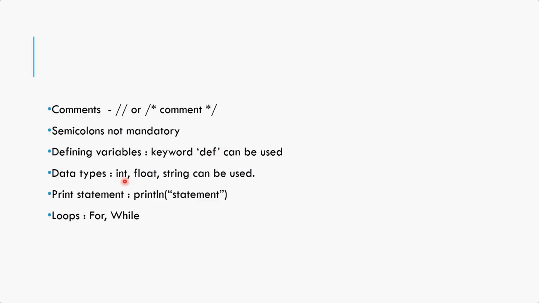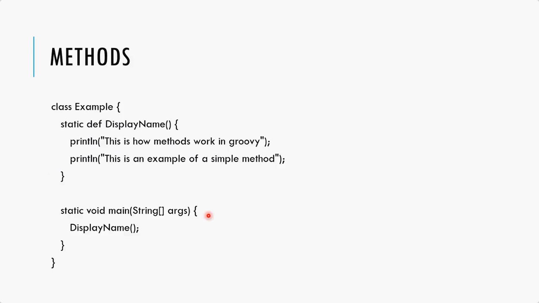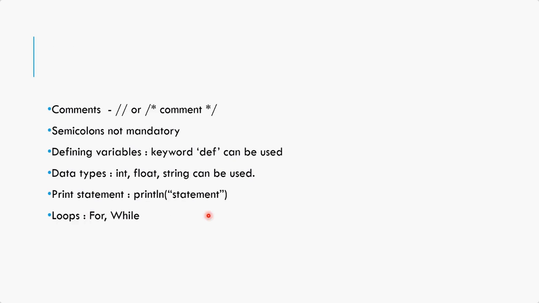Other data types available are integer, float, string. These can also be used. To print a statement, you can just directly type println and the statement instead of writing System.out.println. It also supports loops like for, while, do while, all of this.